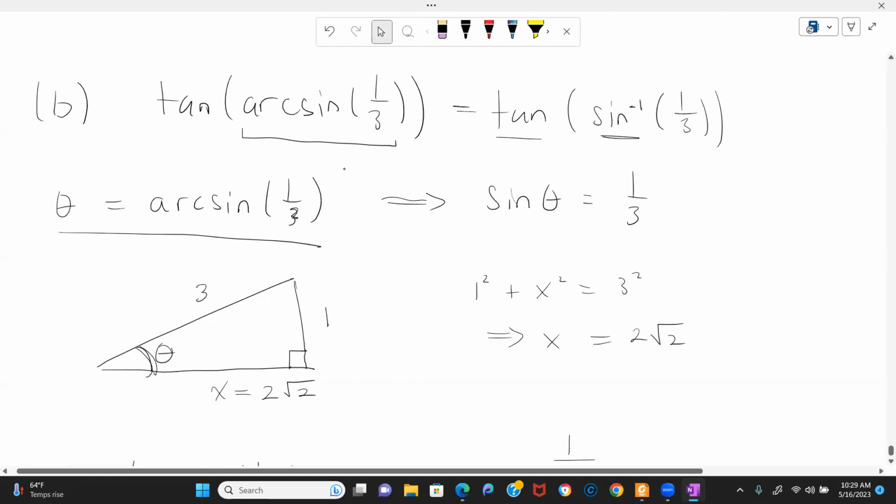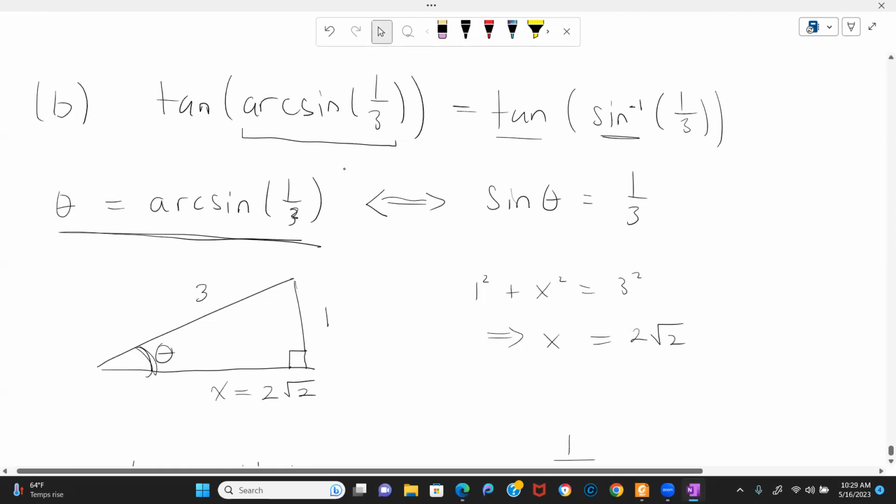You just call sine inverse theta, because it's going to give you an angle. The inverse trig functions spit out angles. The output of the inverse trig function is an angle. So call it theta because that's typically what you use to denote an angle. And this is an if and only if.